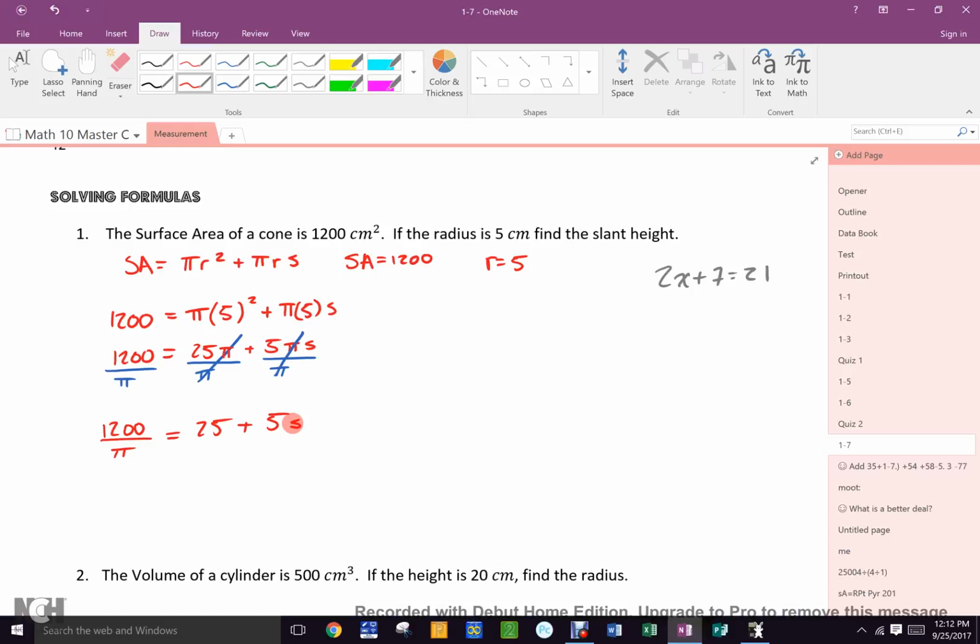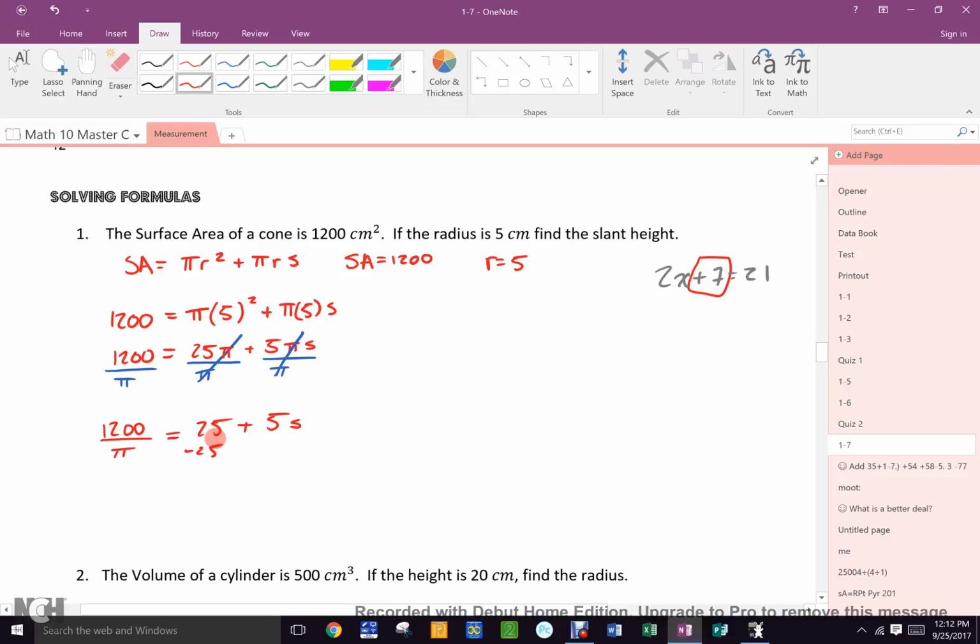Now what should we do? What would we do over here to get rid of that 7? Subtract 25. Okay, I see what you're saying. I said, what would we do to get rid of that 7? You said subtract 25. You're taking the lesson I'm trying to teach you over here and already applying it here. Jack says he would subtract 25 from this side.